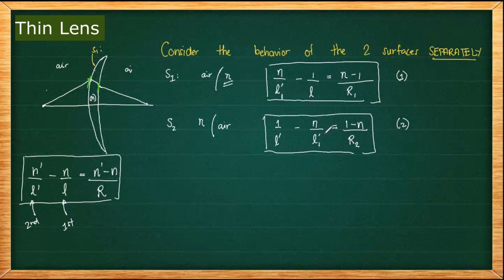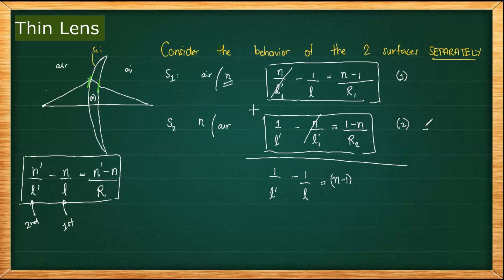What we're going to do then is just add these two equations, because when we add them, this term cancels out, right? So we end up having 1 over l prime, then from above, minus 1 over l, is equal to n minus 1, and then we can just negate the side here.